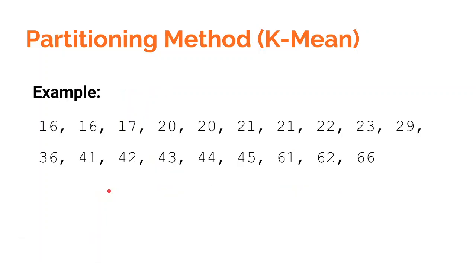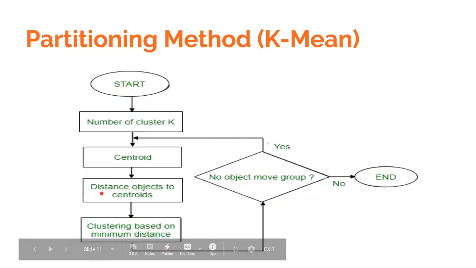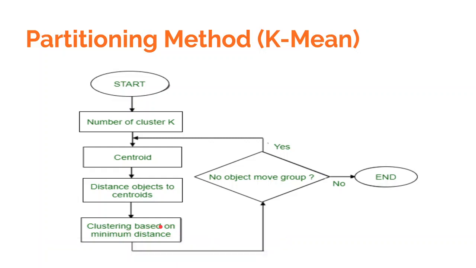Then the values which are near to that centroid value we have to arrange into the respective clusters. So that is clustering; we have to perform clustering based on a minimum distance value.